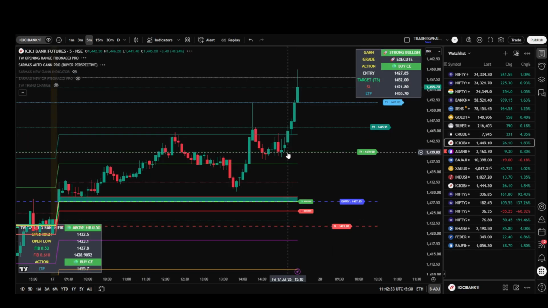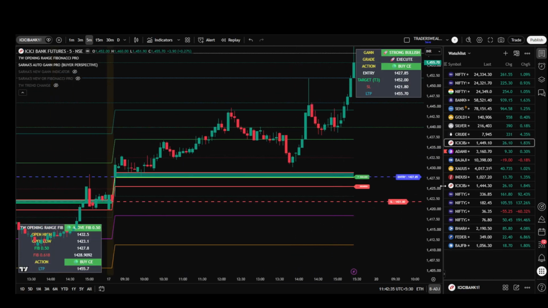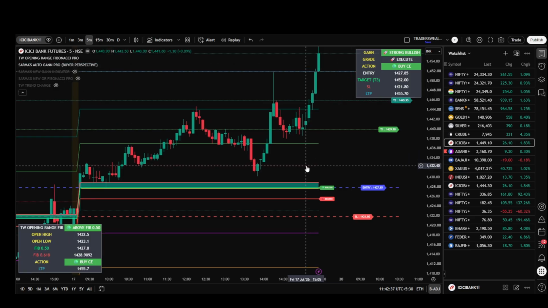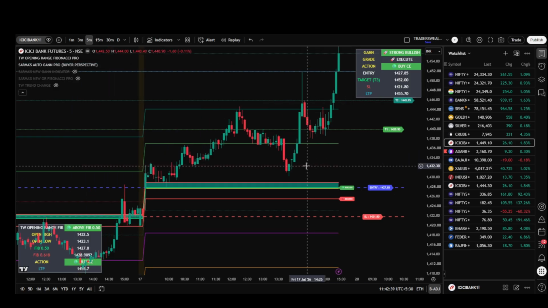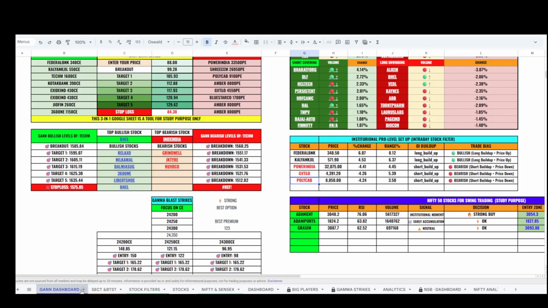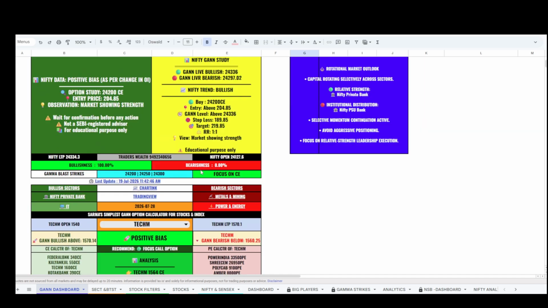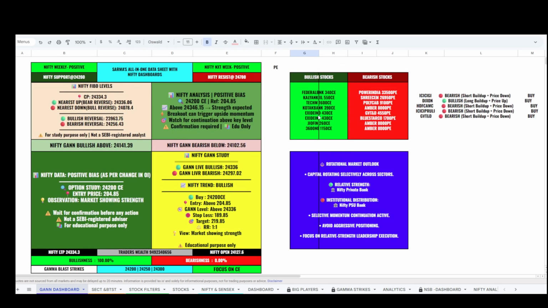Anyone who is interested in this kind of thing can buy this from me, or you can choose anything. For example, if you think all in one is good for you, this is one of the best sheets you can get anywhere, from me.